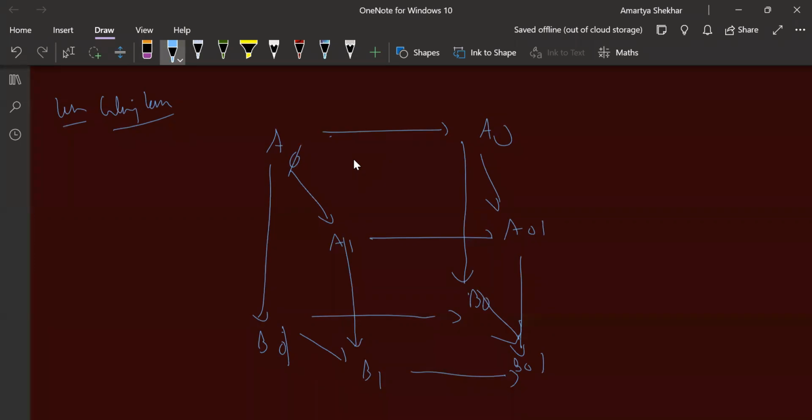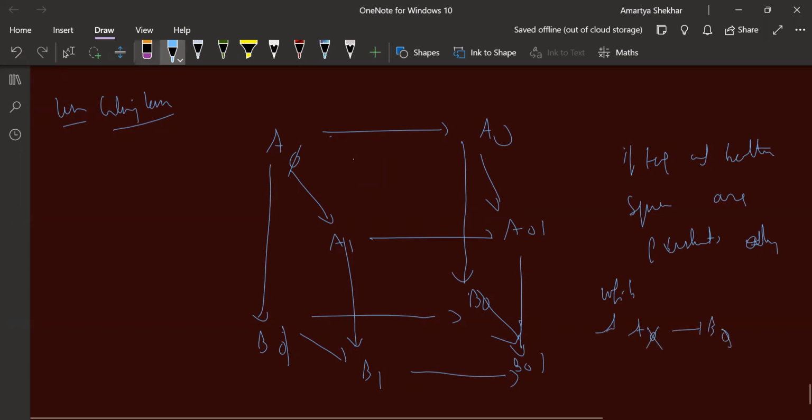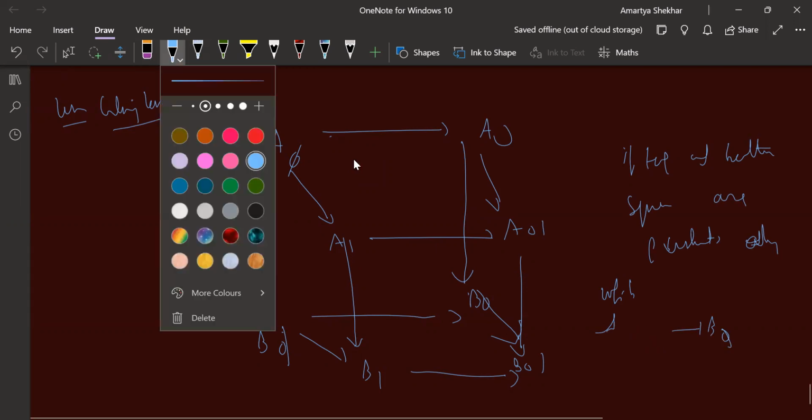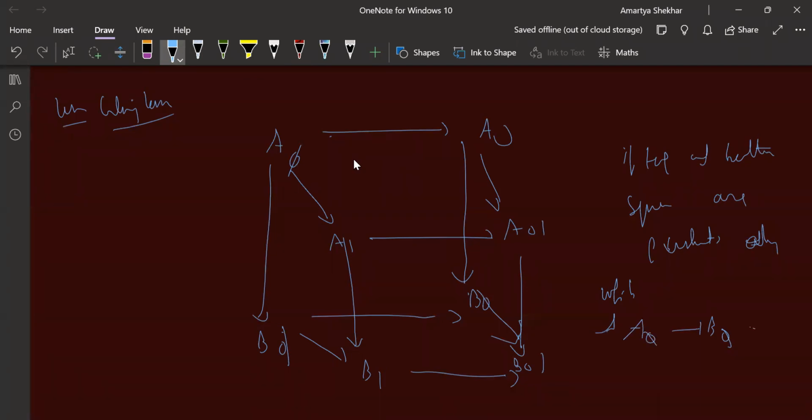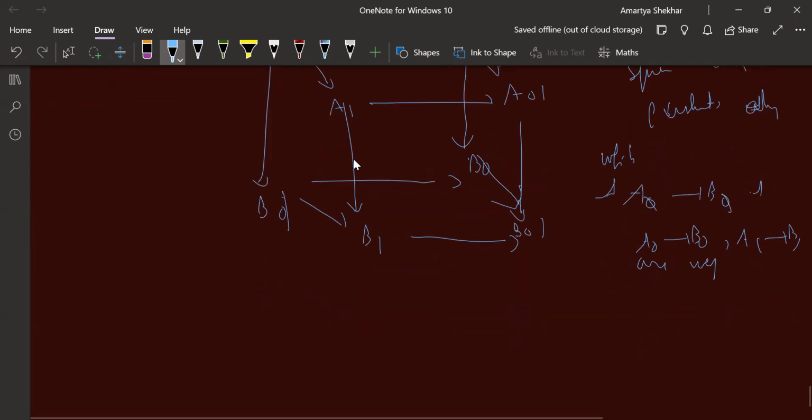So yeah, let me write this. So if top and bottom squares are pushouts along two cofibrations, and the maps from the corners are weak equivalences, then so is this map.